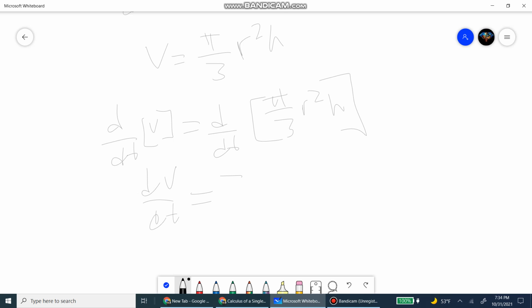Pi thirds will factor out because that's just multiplying. Then inside we have r squared h. Let's call r squared f and h g. So f times the derivative of g, so r squared times dh/dt, or h prime, just like how we did x y prime for implicit differentiation and chain rule.